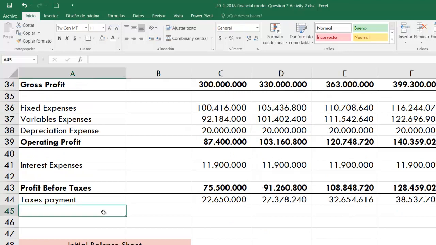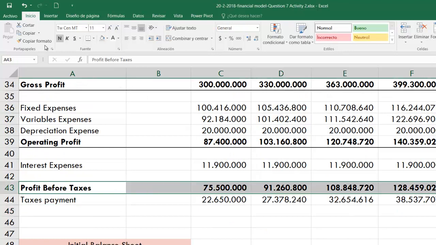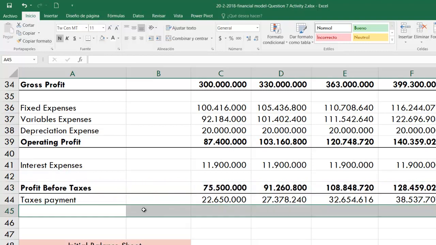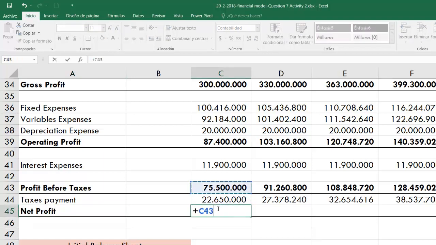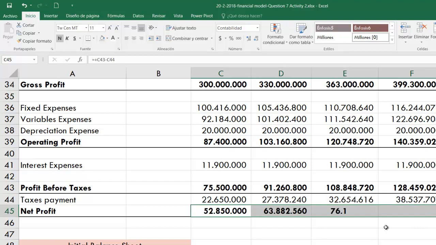All right, so now we are able to perform our net profit, which is very simple. It is our before taxes minus our tax payment. So this would be our net profit, right?